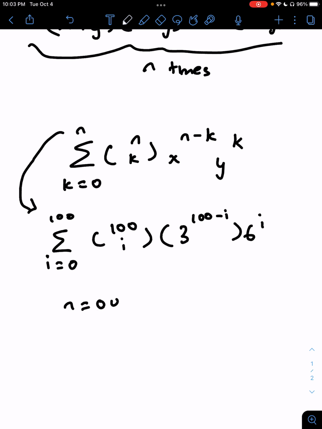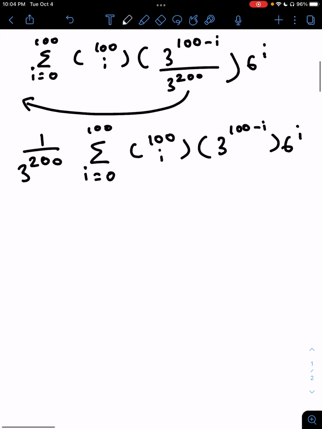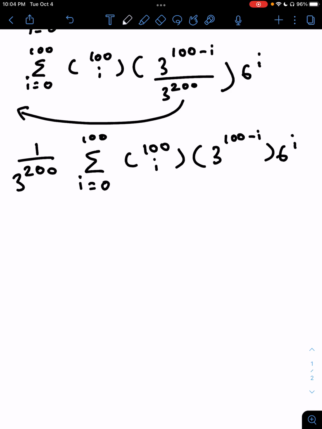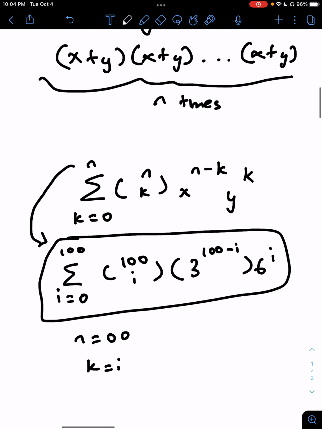So n is 100. That's also 100. And then k is i. If you see, it just mimics this formula, right? So once you come to this form, which is also why we factored the 1 over 3 to the 200 out, you basically change gears. So you see how this equals x plus y?